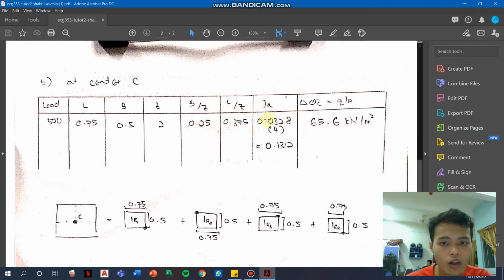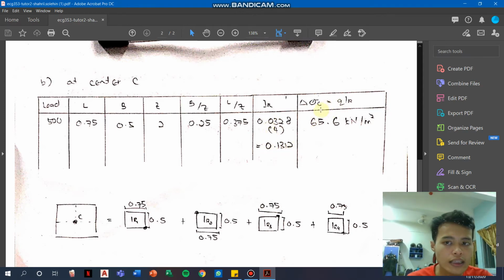We multiply the IR by 4 because at the center C we divide the rectangular into 4 small rectangulars, each with a length of 0.75 and a breadth of 0.5. So we multiply the IR by 4 and we get 0.1312.